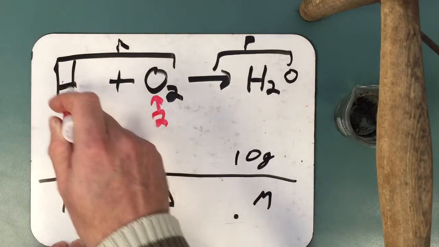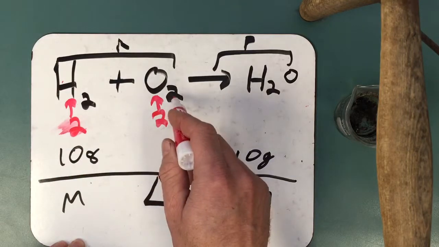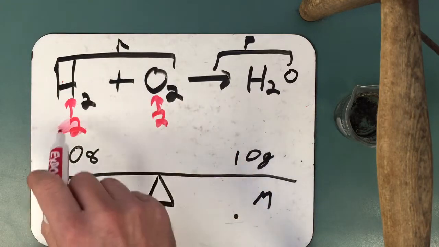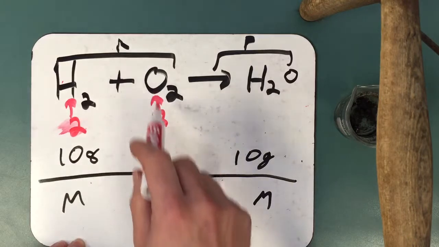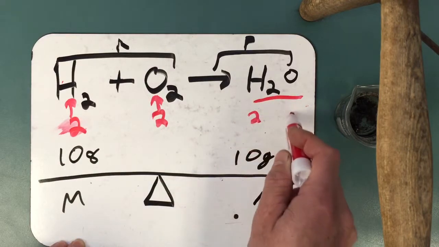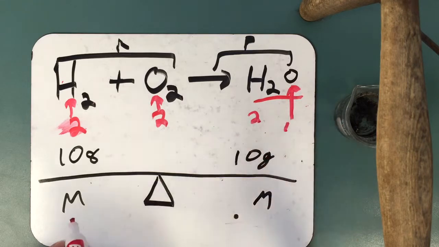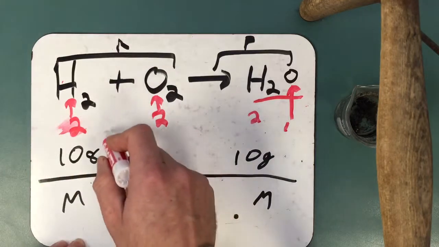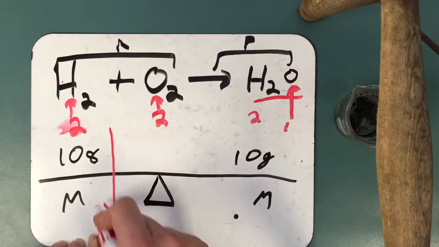The little 2 means I have an HH joined together, and the little 2 here means I have an OO joined together. But over here for water, I have 2 atoms of hydrogen, but only 1 atom of oxygen. So the way I have it written, the teeter-totter would actually fall down.